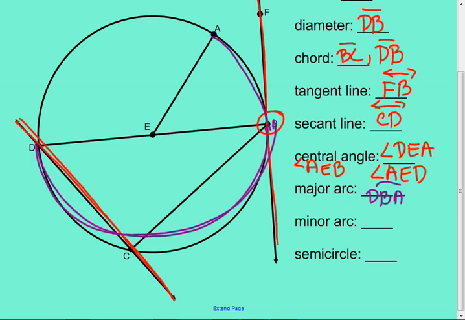What's a minor arc? DA works. What's the semicircle then? DCB or DAB. Okay.